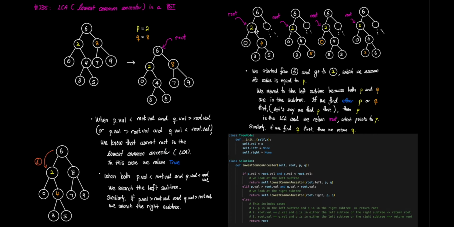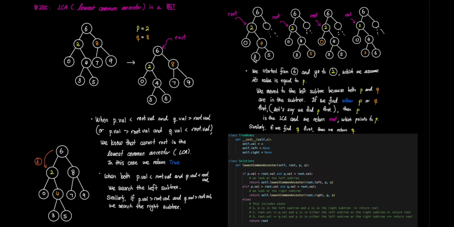Now, how about here? Let's say we come down here and our root points to this node 2. Let's say P is 2. So we found P, and 4 happens to be here. Because 4 is bigger than 2, it is in the right subtree, but we don't have to traverse this. We just return the root, because Q will be somewhere here.